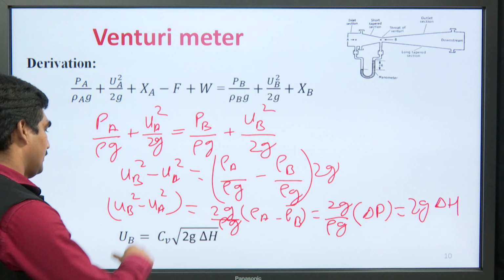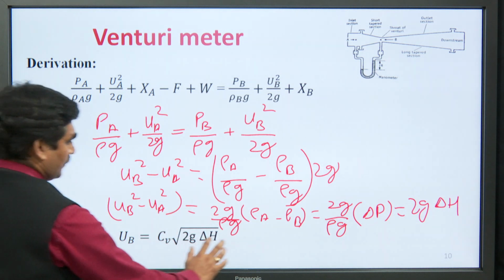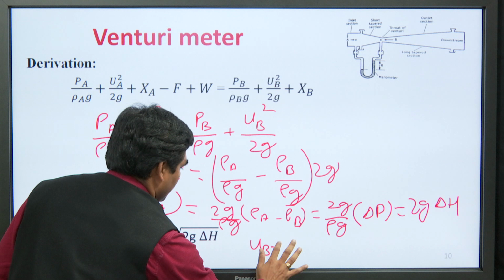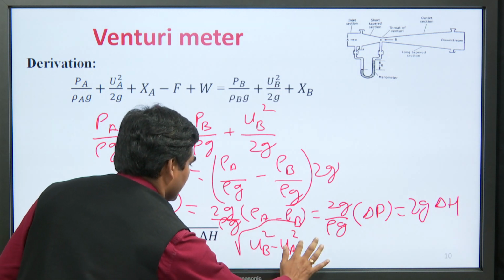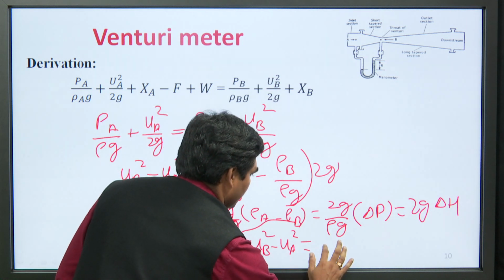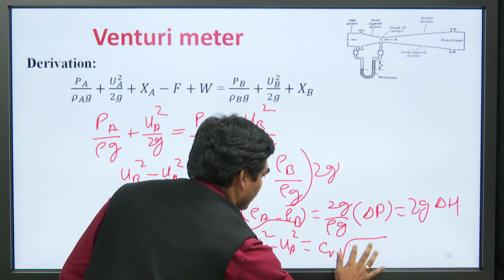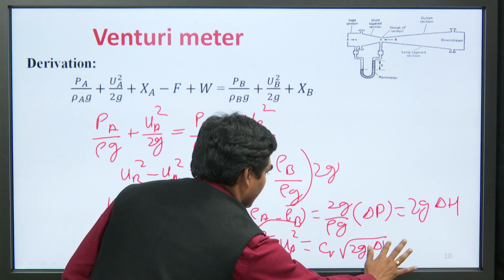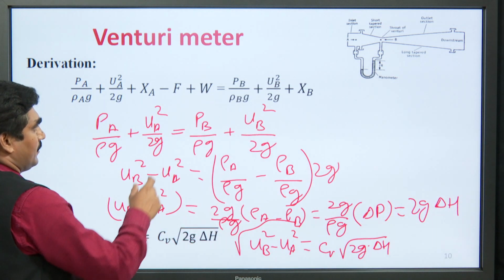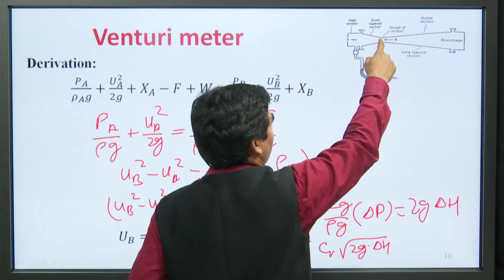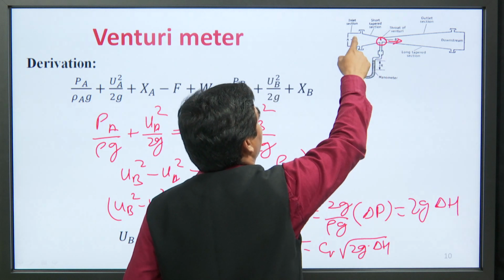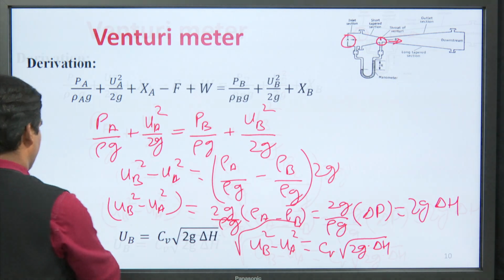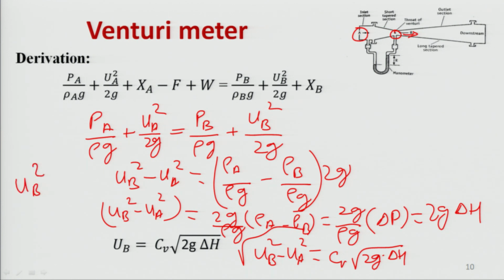Okay. So, u_B minus u_A square root over is equal to C_V root over 2 g delta h. Since the velocity of fluid at this point is much higher than the velocity of fluid at this point, u_B square is much greater than u_A square.